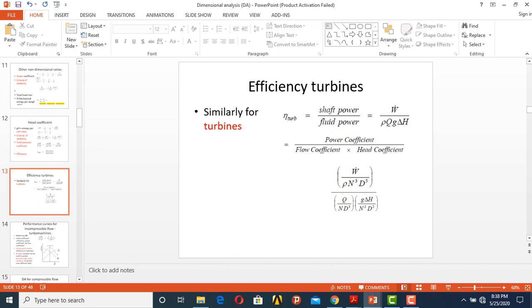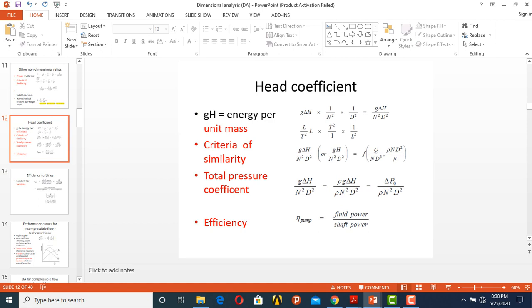So the efficiency of a turbine is similar. You know that the efficiency of a pump is reflected by how high you are pumping this water against the energy that is being added by the motor.